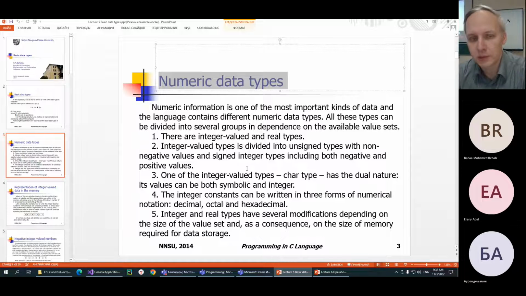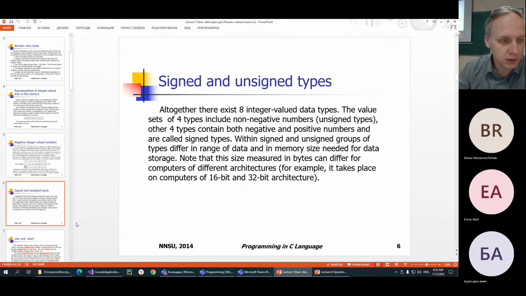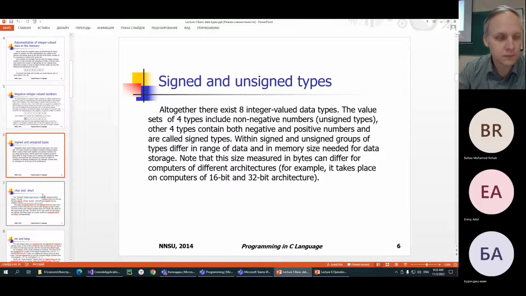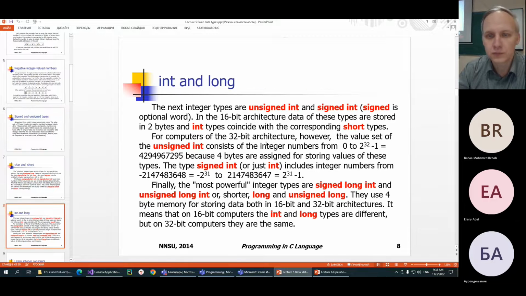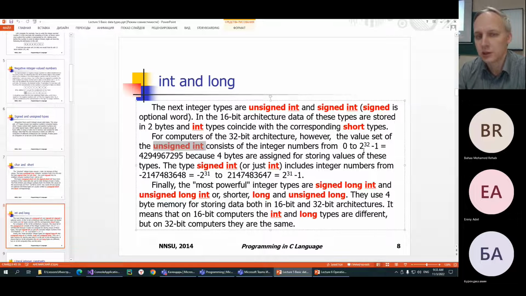Again, I want to repeat that except for numeric data types in C++, there are some other data types like characters, logical type, and so on. And we discussed that the integer type can be signed and unsigned.